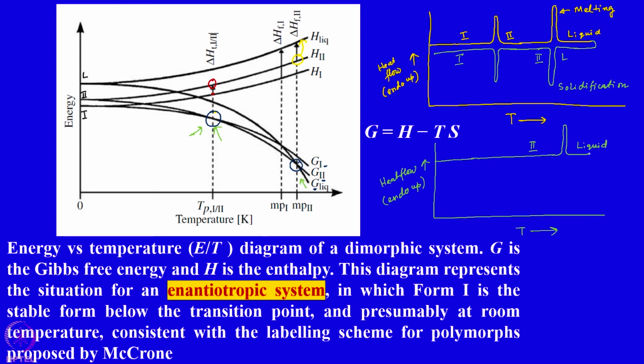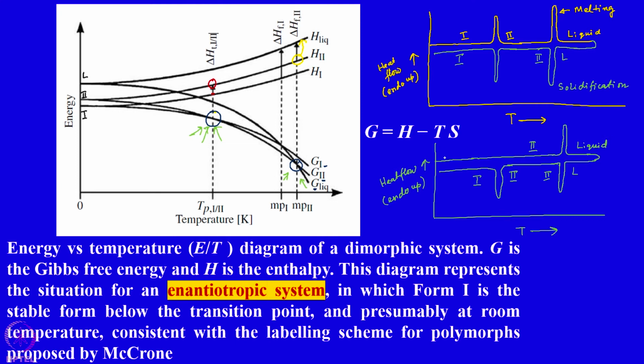But now, when we try to cool this liquid, what should happen is that the liquid is solidified at the solidification temperature, and then when we are further cooling it, when the phase form 2 is crossing this particular temperature, it should get converted to form 1 and we end up getting form 1.